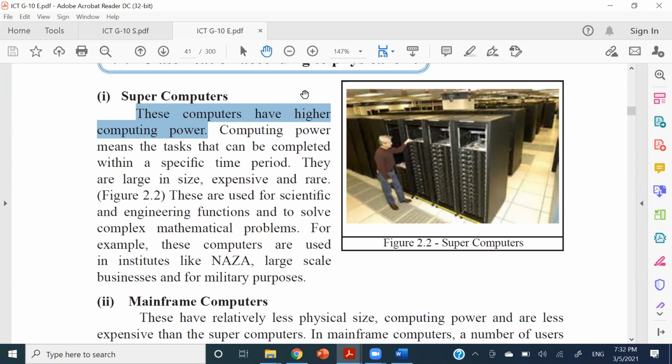And the next point, large in size. That is the second point, large in size.